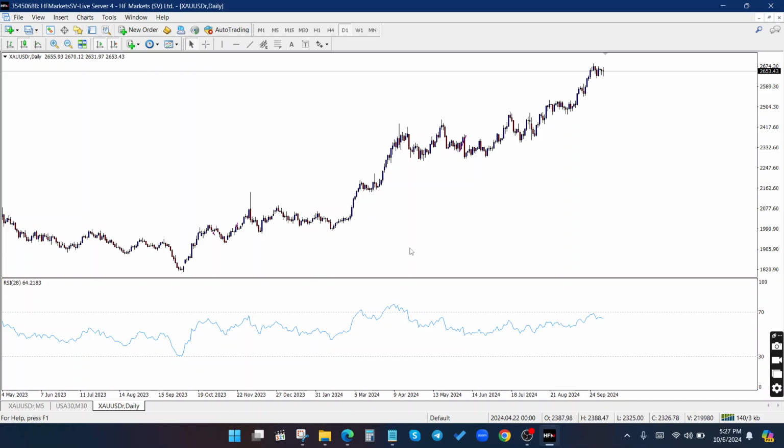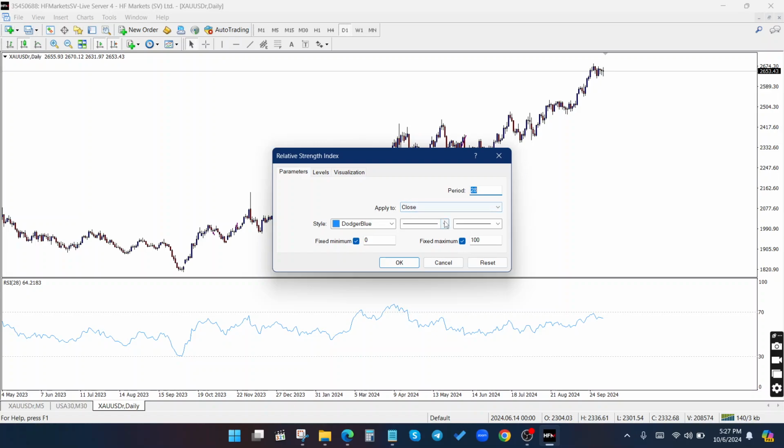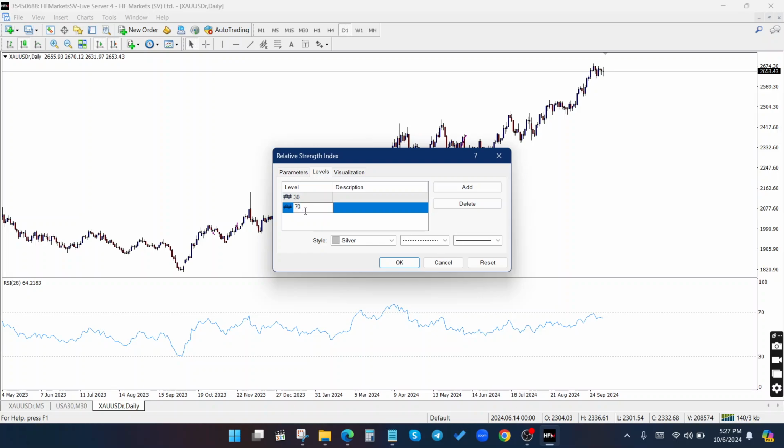Now, to optimize your RSI further, you might want to use 80 for the overbought level. You can just decide to change this setting. You can come to levels, and when you come to levels, you can change this to 80 so that you can have a stronger signal for overbought.